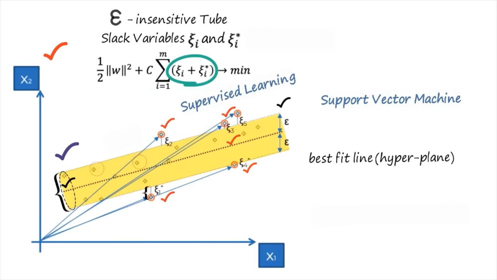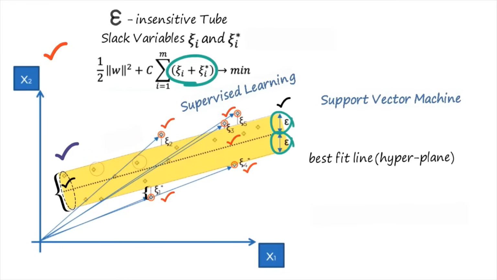Unlike other regression models that try to minimize the error between the real and the predicted value, SVR tries to fit the best line within the threshold value. That thing you have to understand. The threshold value is the distance between the hyperplane and the boundary line. So this is the threshold: the hyperplane and the boundary line and their distance.